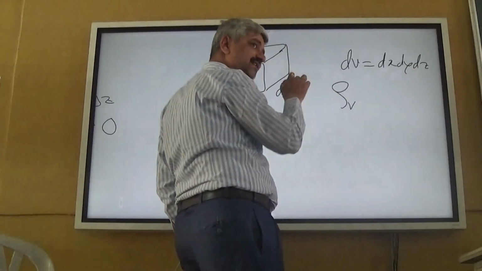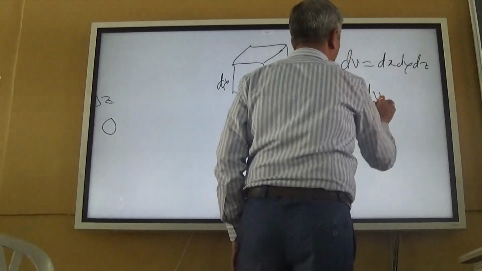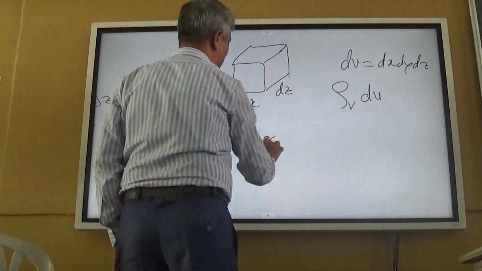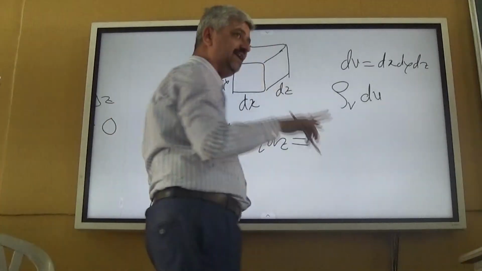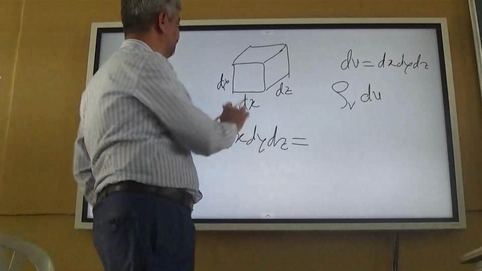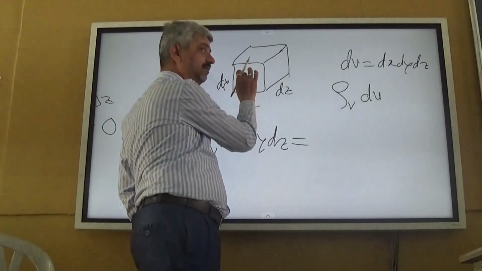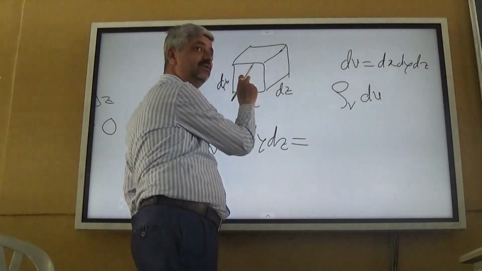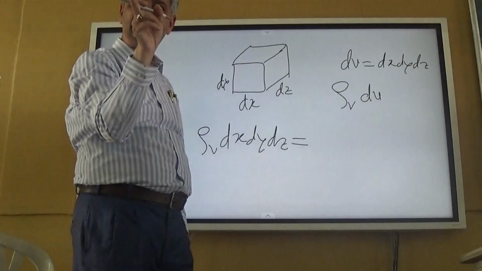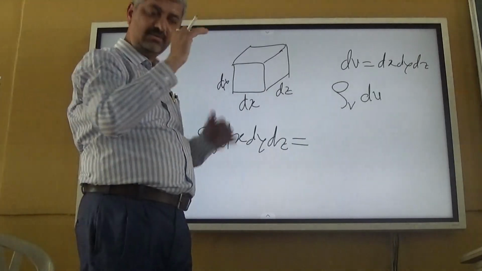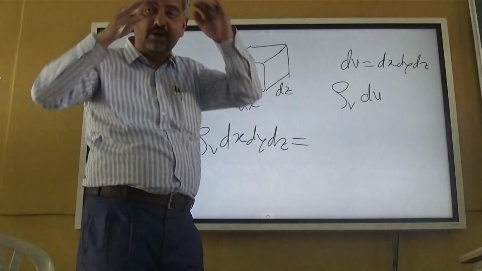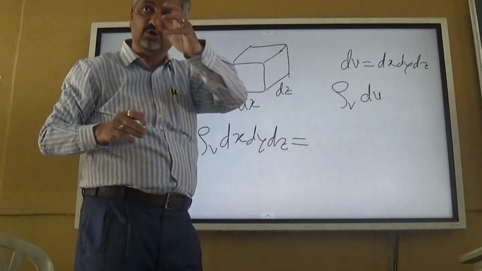So total charge inside this would be rho v dv, that would be rho v dx dy dz, and that must be equal to the electric flux on the entire surface. So the electric flux over a closed surface.